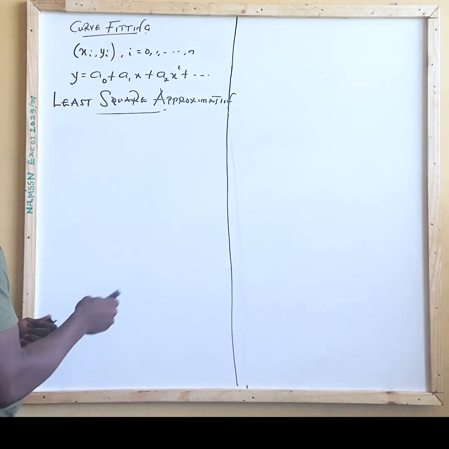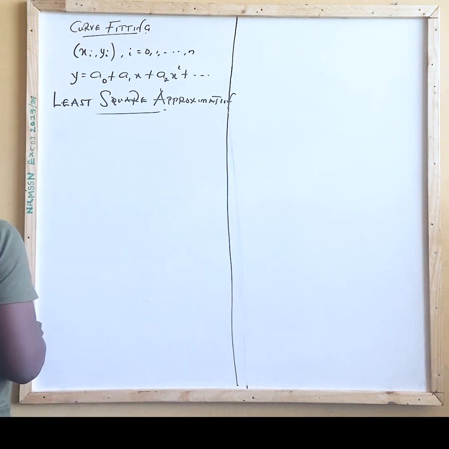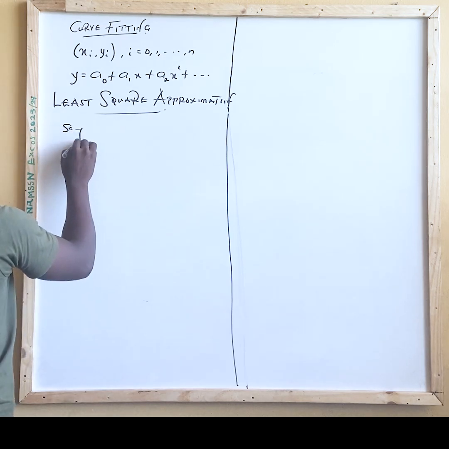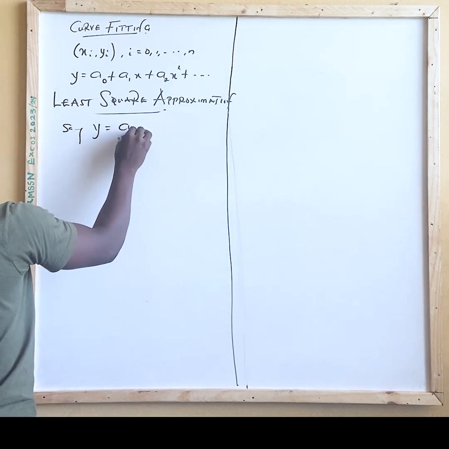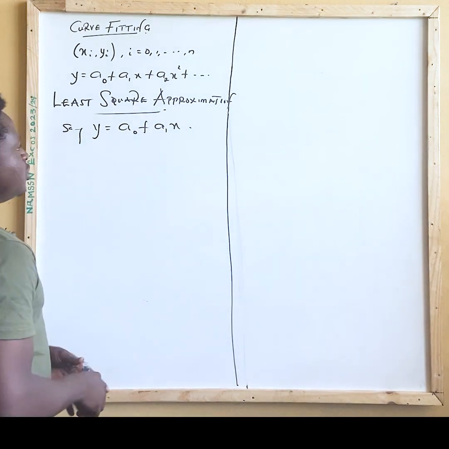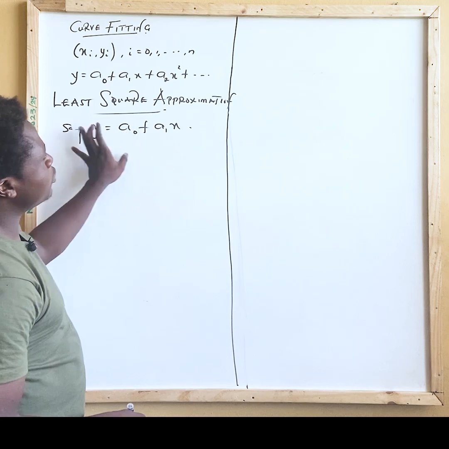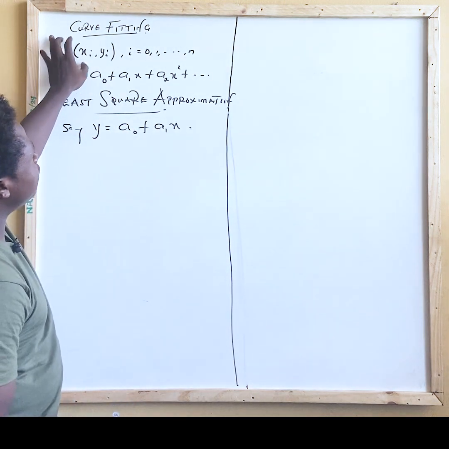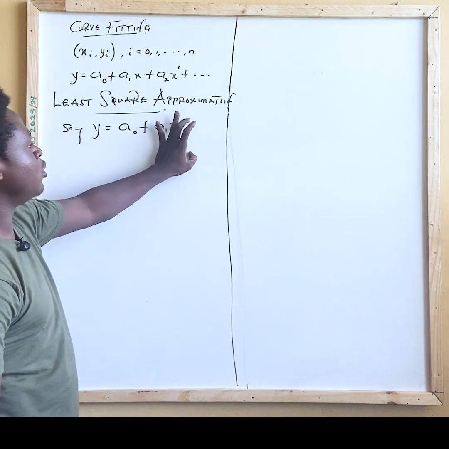That is, let's start with a polynomial of degree 1. So say our y is required to be a naught plus a1x. We want to get the values of a naught and a1 that will minimize the error, that will fit this data in this polynomial.